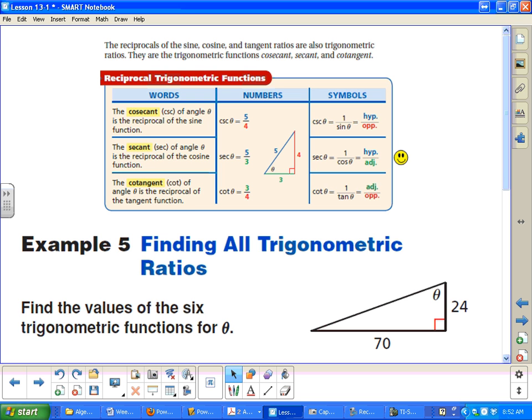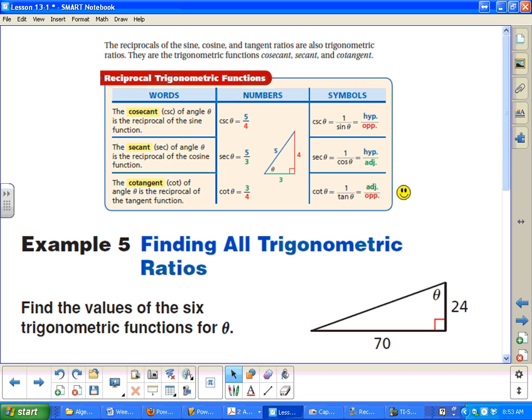Secant is the reciprocal of cosine. So secant of theta is equal to 1 over cosine, which is equal to hypotenuse over adjacent. And then we have cotangent, which is the reciprocal of tangent. So that's adjacent over opposite.